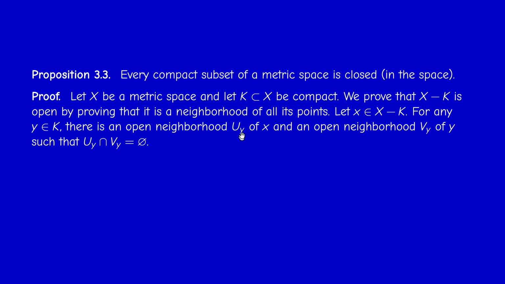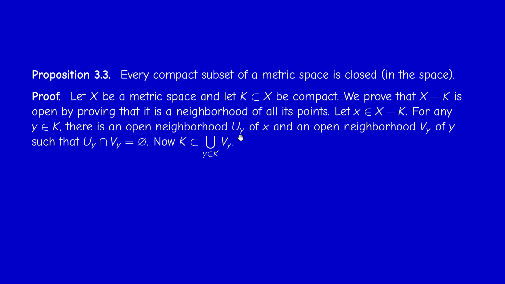So there is a neighborhood that I call U sub y, because I will let y vary now. So I fix X here. There is a ball that I call Uy of center X, and the ball Vy of center y, that are disjoint. So I can separate the points by two disjoint neighborhoods.